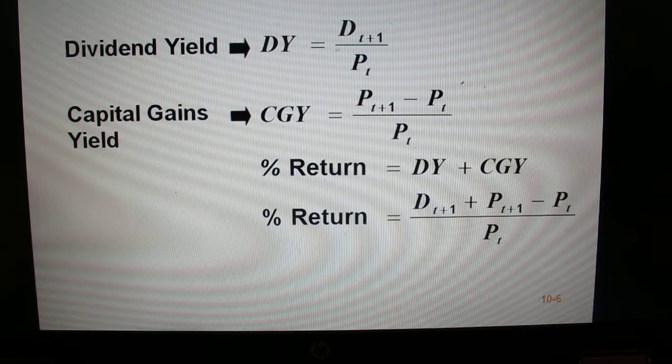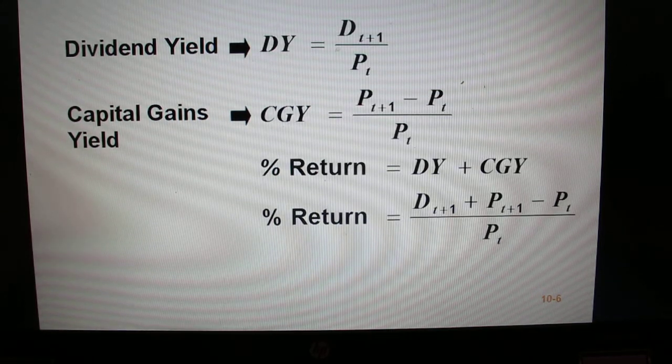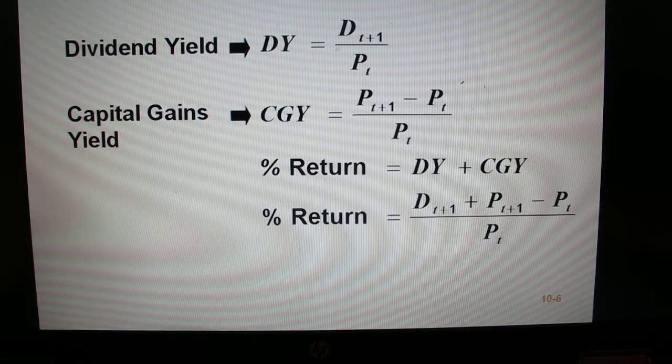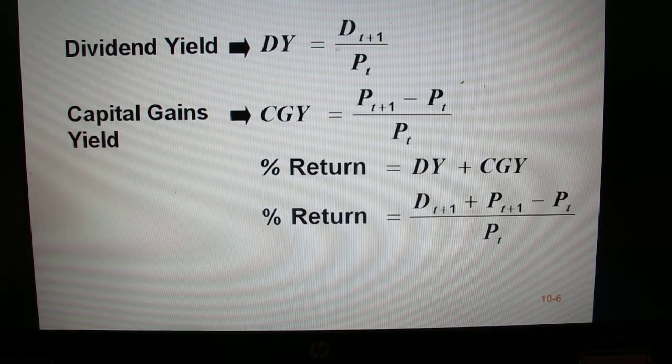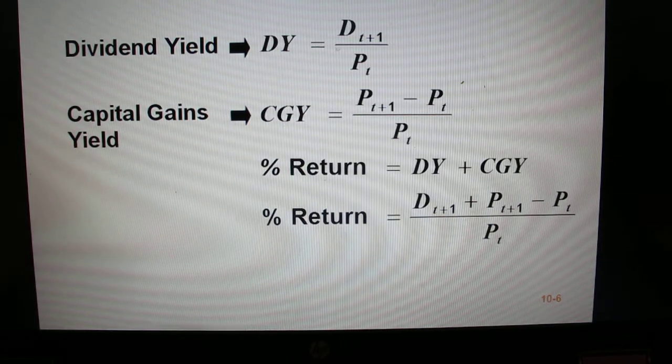So we have talked about these in the past, but I don't think we've gone into formulas in regards to them. As far as the dividend yield goes, you can think of it as for every dollar you invest, you get X cents dividend. So if it's 5%, every $1 invested gets 5 cents dividend.